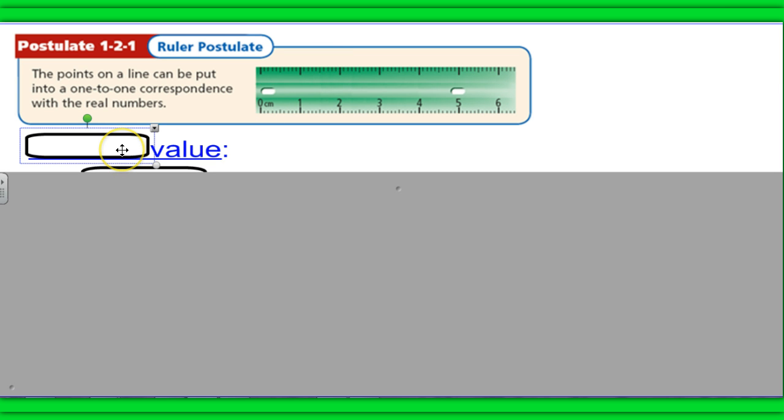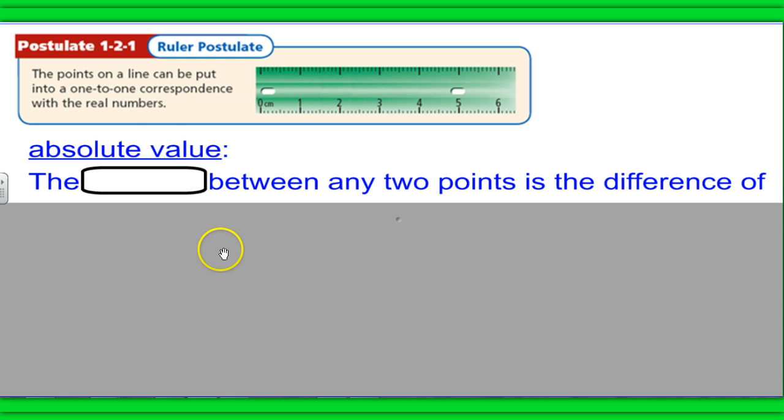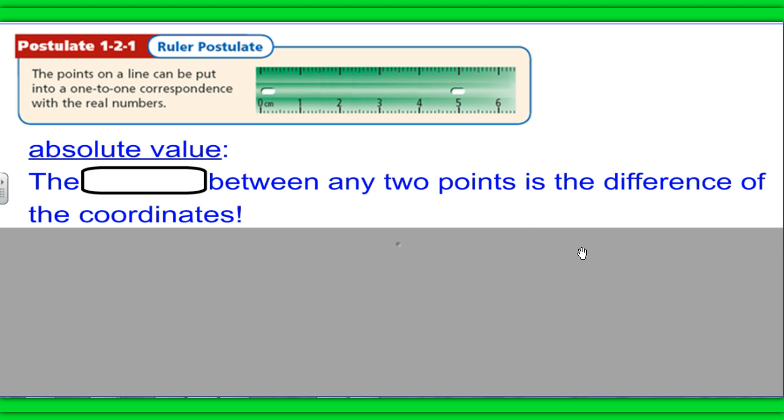So here's a term that we've used before, absolute value. Absolute value has something to do with a difference between the coordinates of 2 points, right? The absolute value is the distance between any 2 points. It is the difference of their coordinates. So the distance between 2 and 5 would be found by taking the difference: 5 minus 2 is 3.